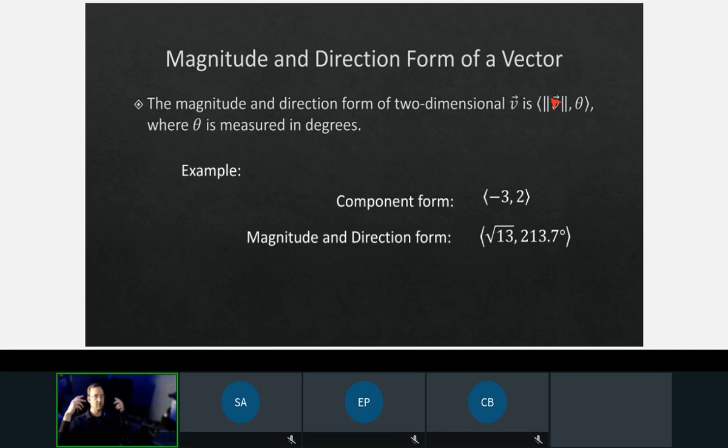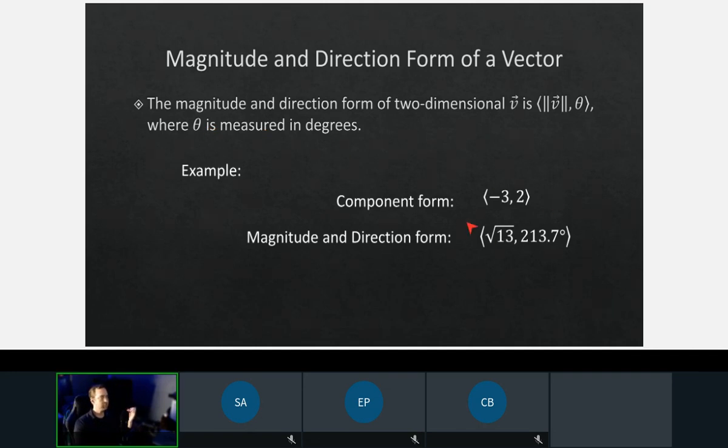Your first value is the magnitude, the second value is the angle in degrees. This is like the first time we get to work with degrees, it seems like. Every time it always seems to be radians. But for this, which is good, degrees are definitely easier to comprehend when you're trying to think of the quadrant or how many rotations.